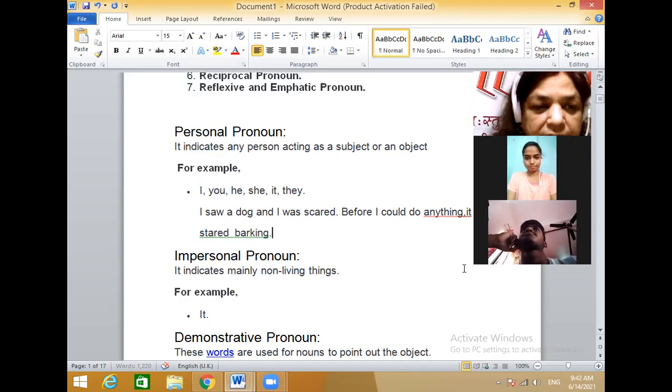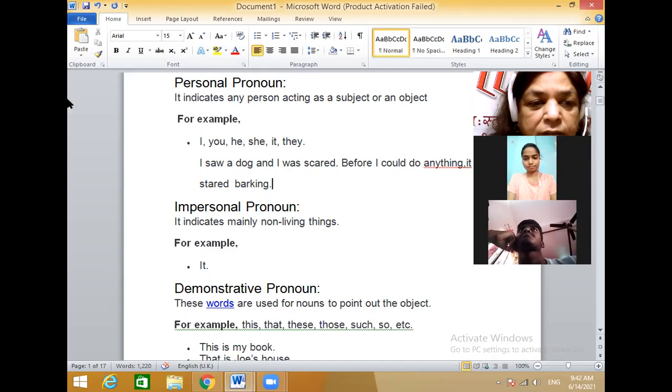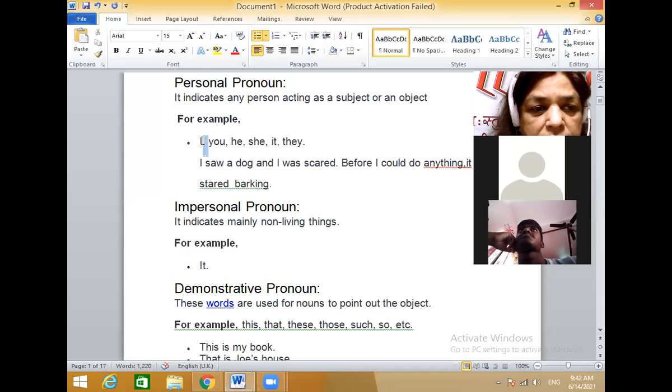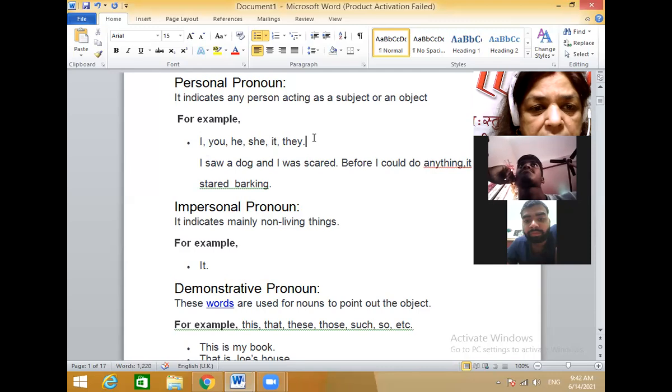So similarly, there are a lot of examples for you. I, you, he, she, it, they, right? So we talked about personal pronouns: I, you, we, she, he, it, they. You need to make paragraphs for your homework. Write paragraphs, right?